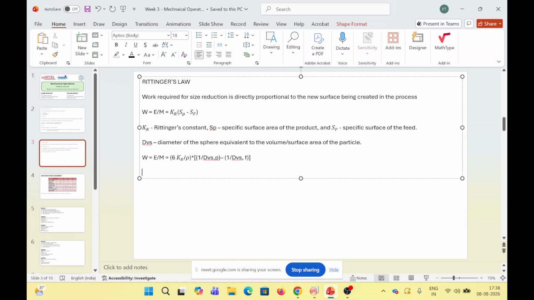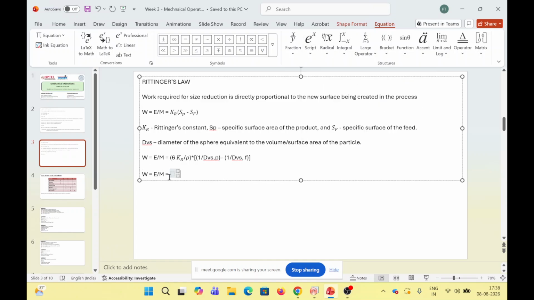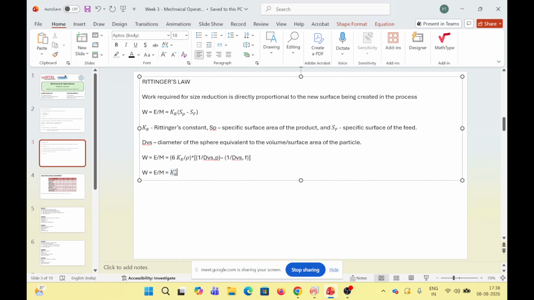So this 6 Kr by rho can be simplified as Kr dash times 1 by dVs of P minus 1 by dVs of F. So this is the work that will be required for the size reduction as per the Rittinger's law.